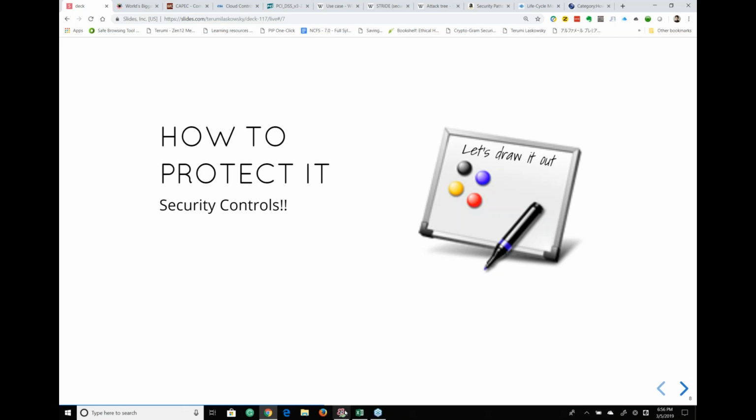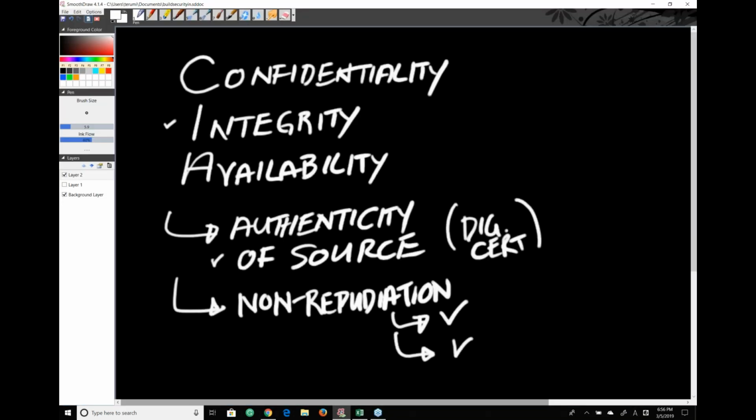So let's take a look at this in a pictorial format. Just go ahead and open up another slide. Okay, so in considering these controls, let's take a look at what's happening when people are trying to break confidentiality, integrity, availability. Basically, here we go.